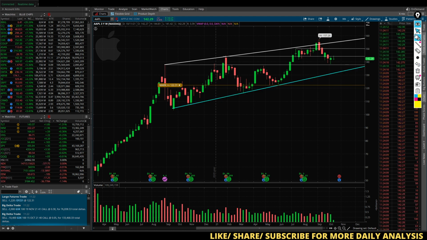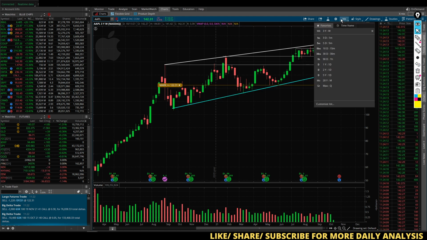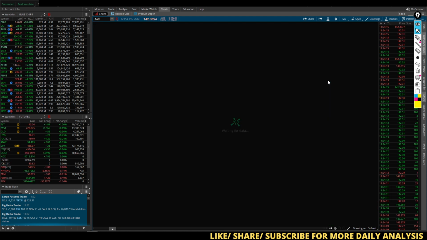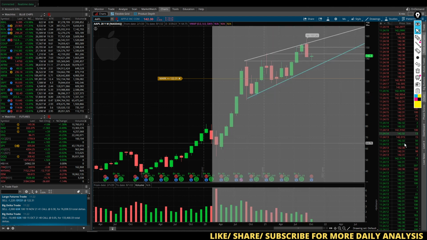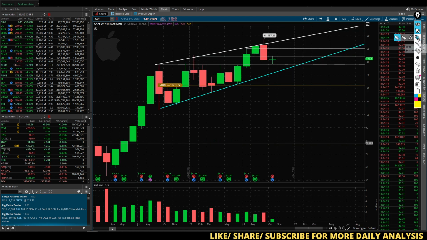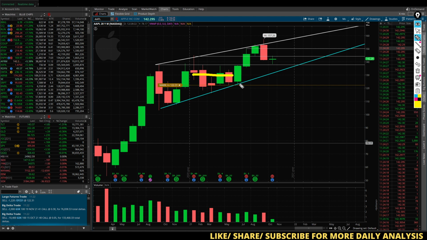Okay, so what about the monthly chart? Let's take a look at the monthly candles. Every single candle here represents 1 month. Throughout Q1 and Q2 Apple did not do much, and in summer we had this rally.